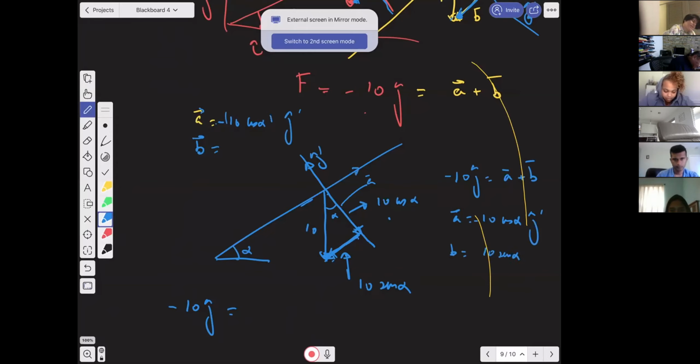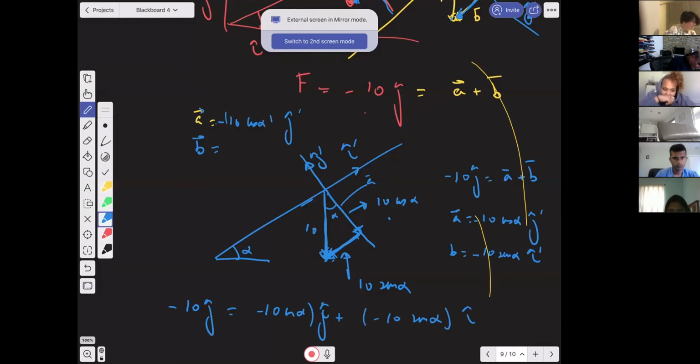If I call I prime like this, going parallel to the plane, it will be minus 10 sine of alpha I prime. So minus 10j, this force, is decomposed into two new vectors: minus 10 cosine of alpha j prime plus minus 10 sine of alpha I prime.